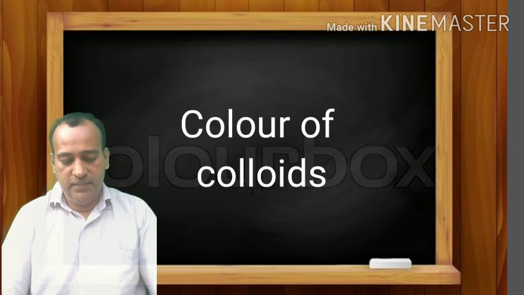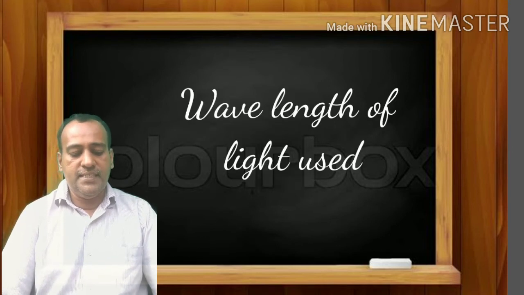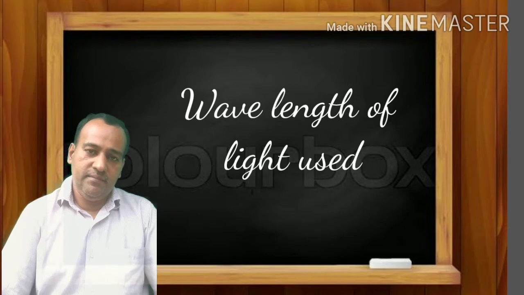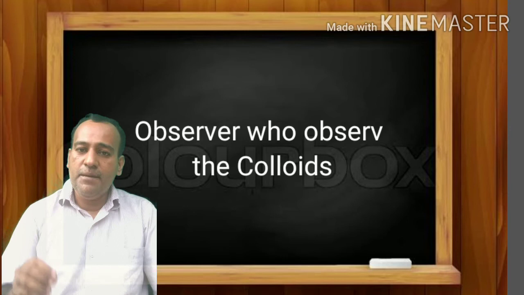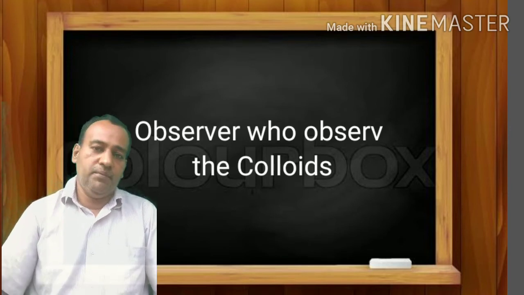Color of the colloidal particles. The color of the colloidal particles depends on the wavelength of the light scattered by the colloidal particle. It also depends on the observer who observes the colloidal particle.